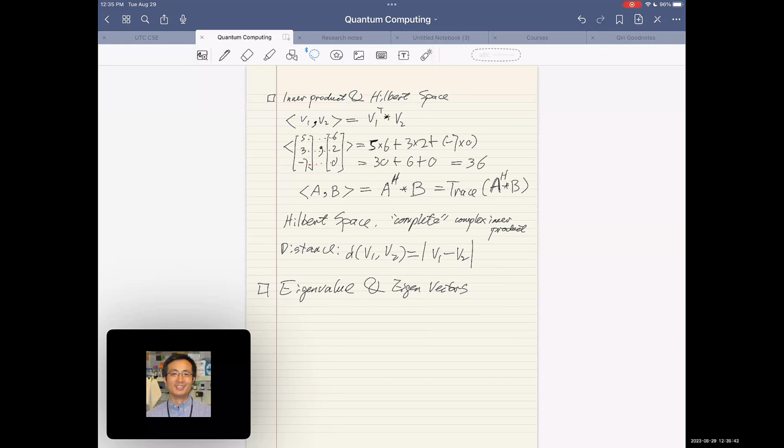The definition is that a matrix times a vector becomes a scalar times a vector, and that scalar C will be called the eigenvalue.